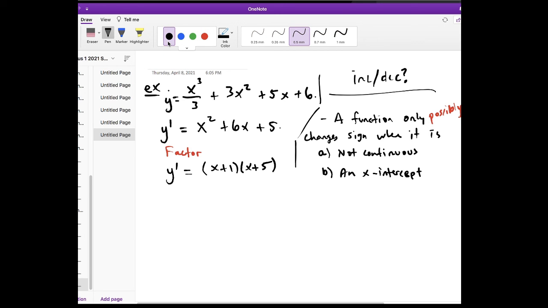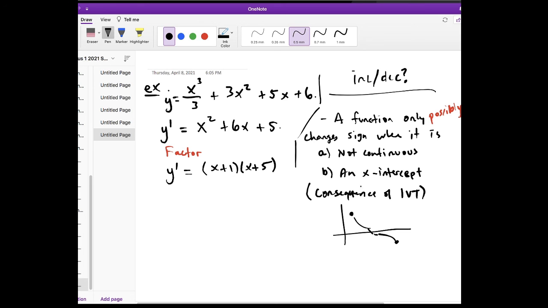Can someone tell me why this is true? Good, yeah. This is a consequence of intermediate value theorem. Intermediate value theorem is that if you have something positive and something negative, there has to be an x-intercept in between, right?